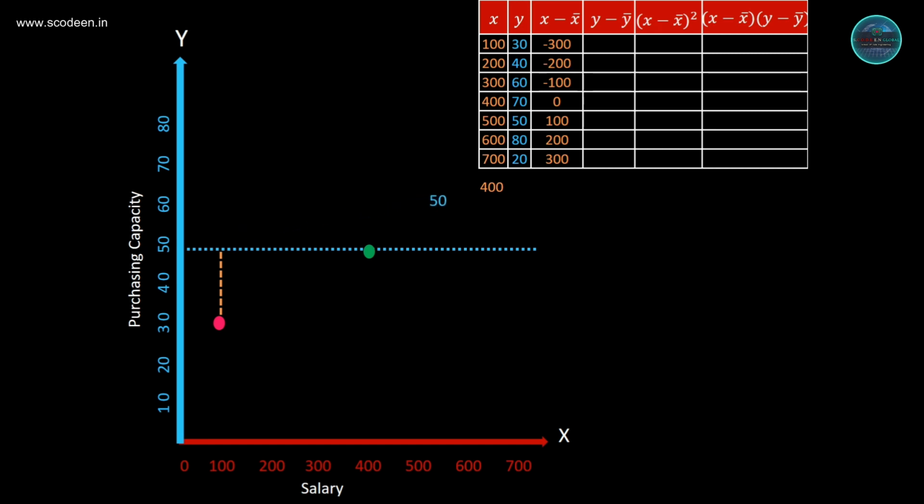So the error is always the actual value, that is 30, minus the mean value of y, that is 50.